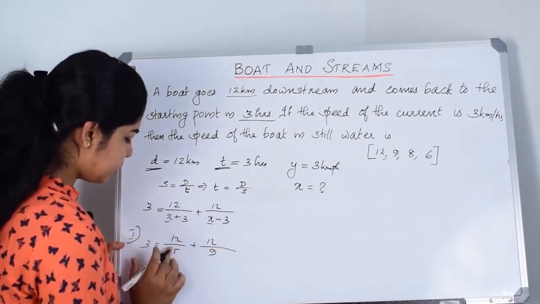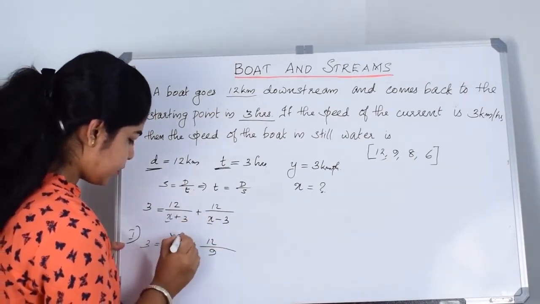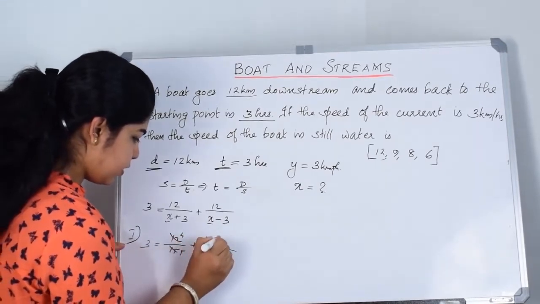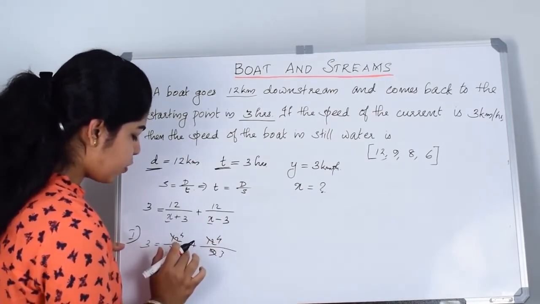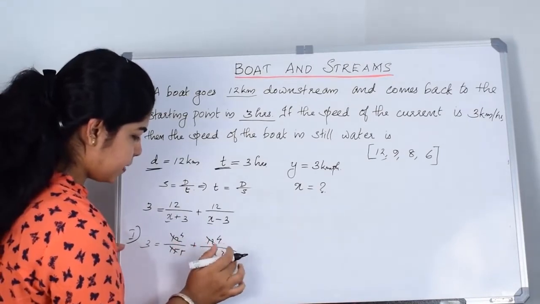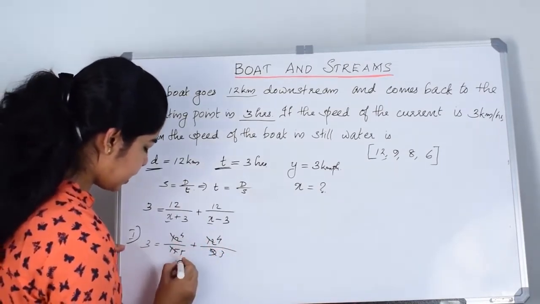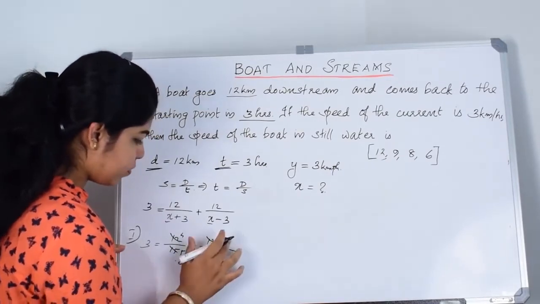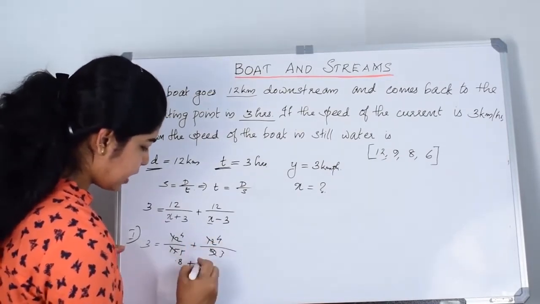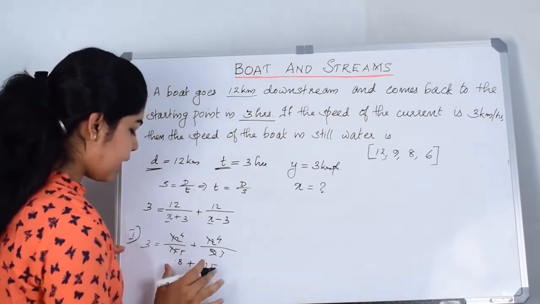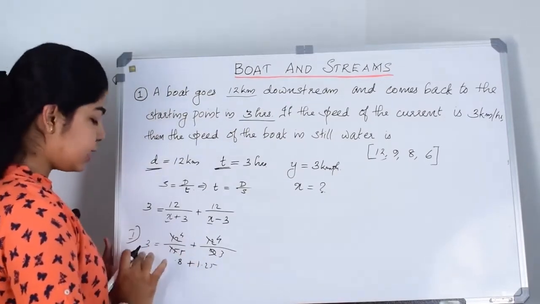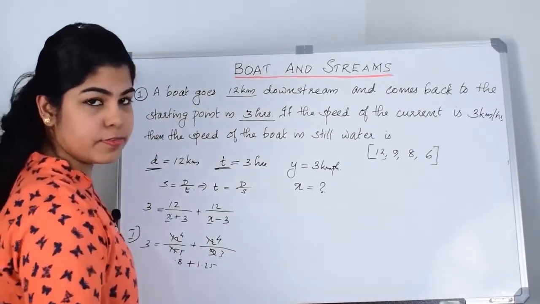By calculating this, cancelling with 3, we get 4 by 5 plus 4 by 3. So this will give you 4 by 5, which is almost 0.8, and 4 by 3, which is something like 1.25. By adding both these values, you will not get 3. So you can eliminate the first option.